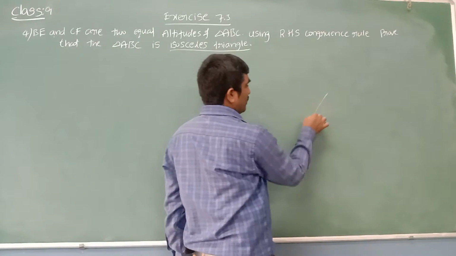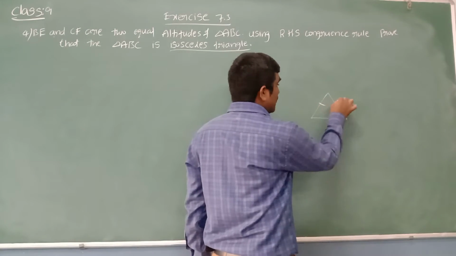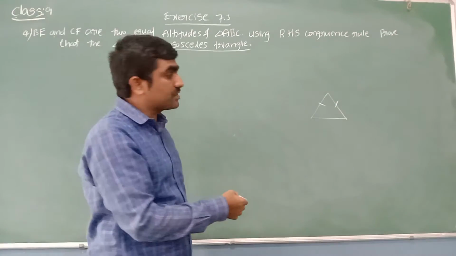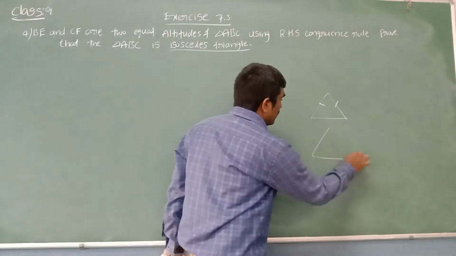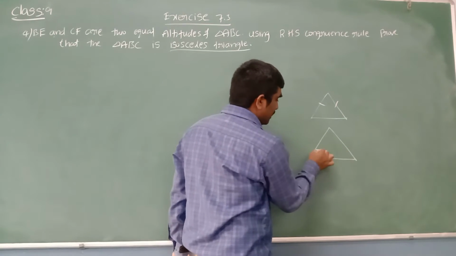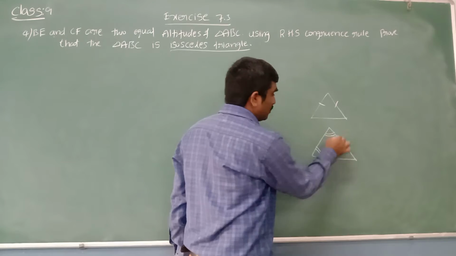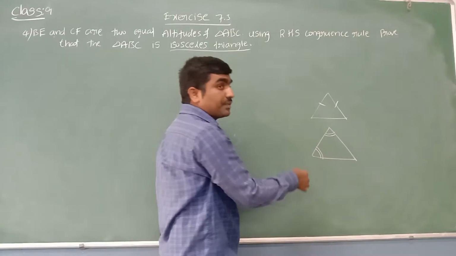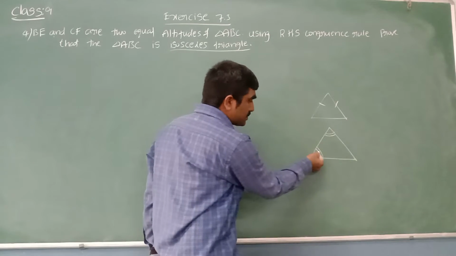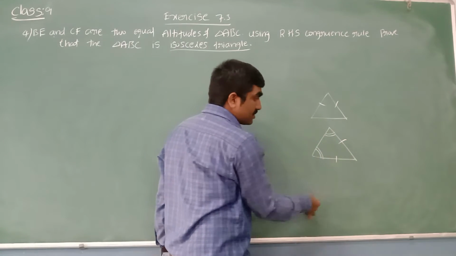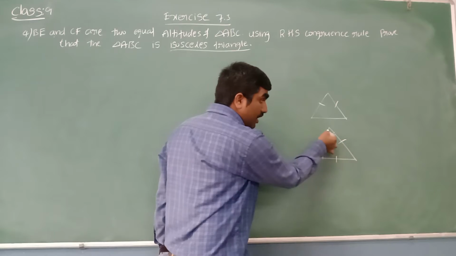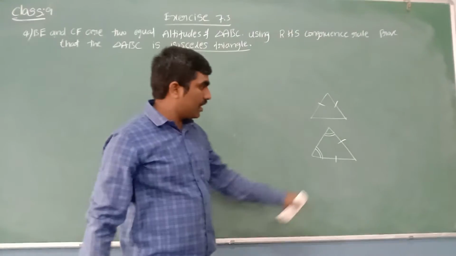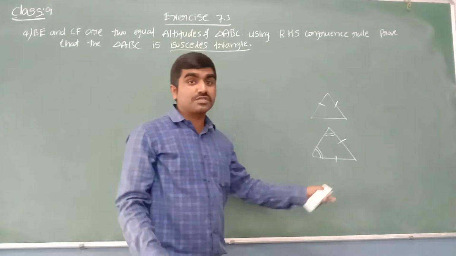And also, if two sides are equal, we learned just now it is an isosceles triangle. If two angles are equal, what can we say? Just now we learned a condition: two angles are equal, their opposite sides are equal. Here also you can see two sides are equal, isosceles.